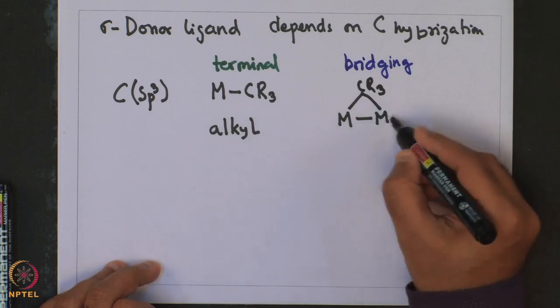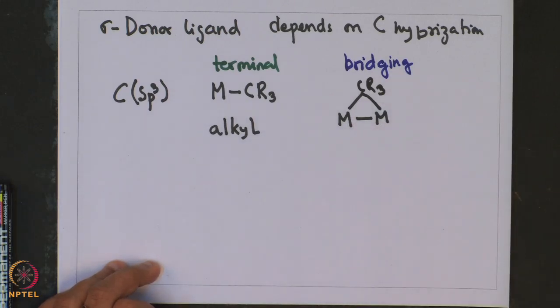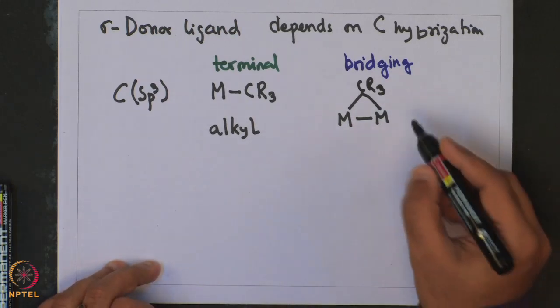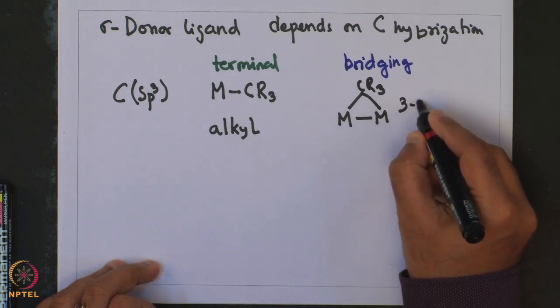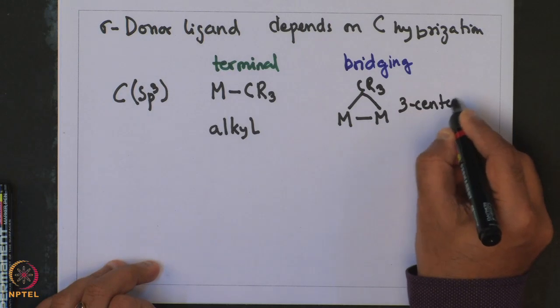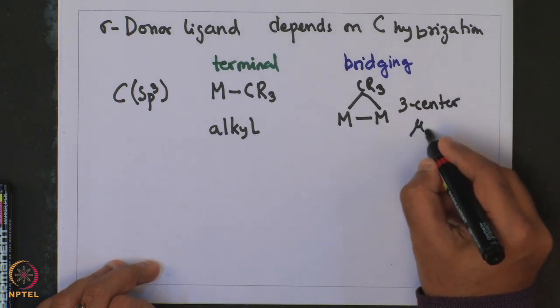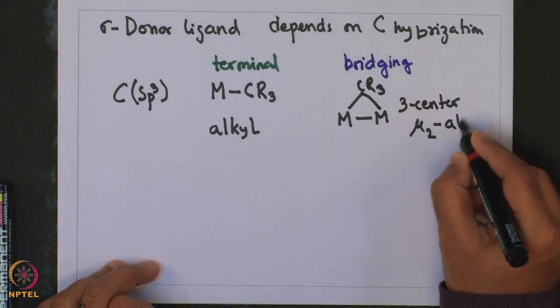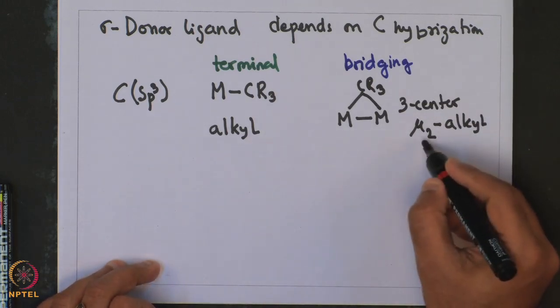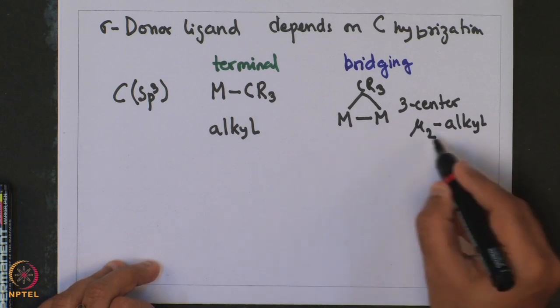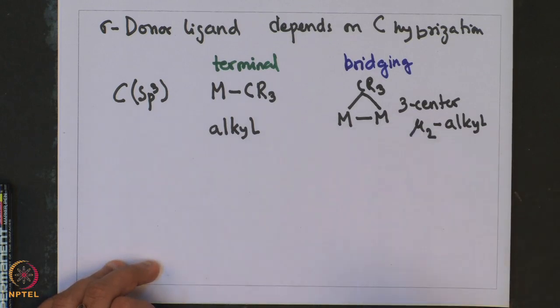So, alkyl bridging between two metal centers, and these are designated as three center mu2 alkyl. Mu represents bridging between two metal centers, that is why it is mu2.